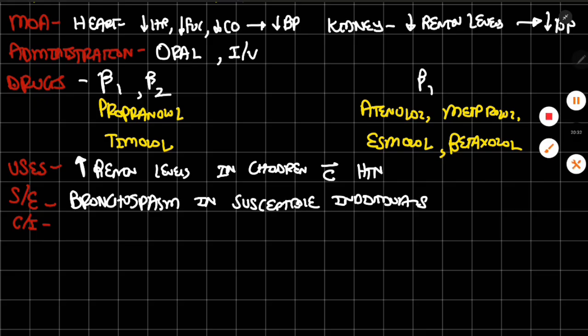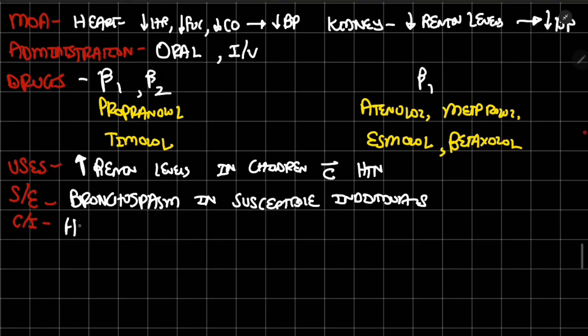For example, they have an allergy to pollen, and when they are exposed to pollen they start acting allergic, and bronchospasm will occur. If we give beta blockers, the bronchospasm will worsen. So in allergic patients, beta blockers are contraindicated.